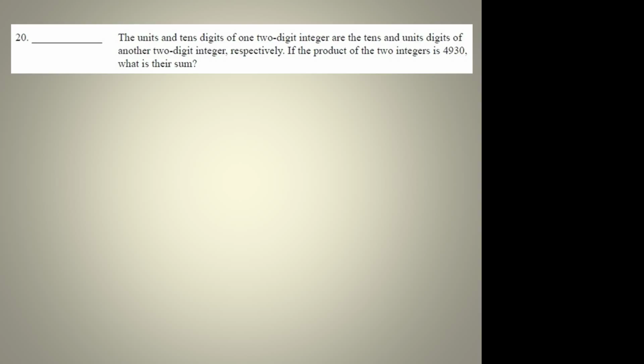So this practically says there are two-digit integers, and in the other two-digit integer, the unit digits and the tens digits are exchanged. So if the first one is AB, where A is the first digit and B the second digit, the second one will be BA, and the product of the two integers is this number.